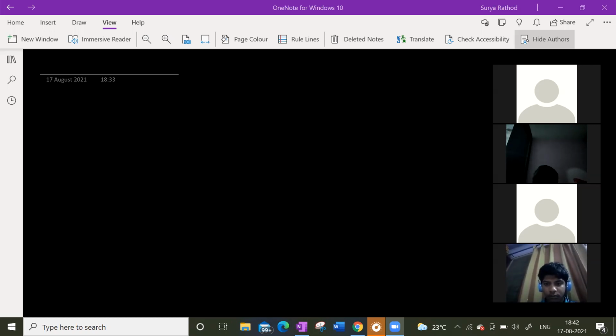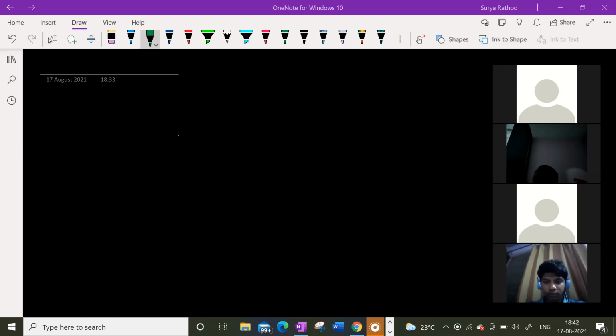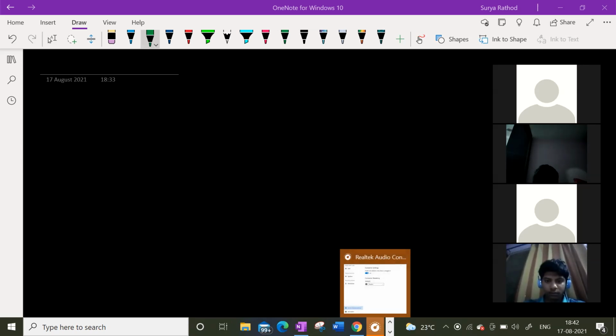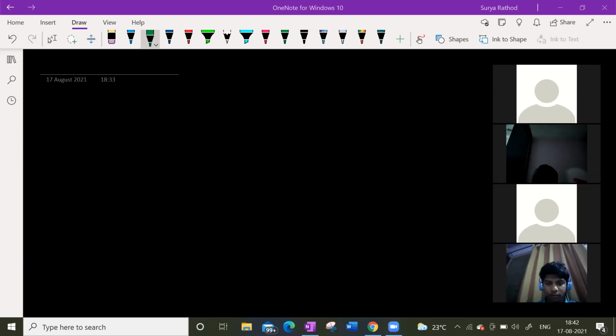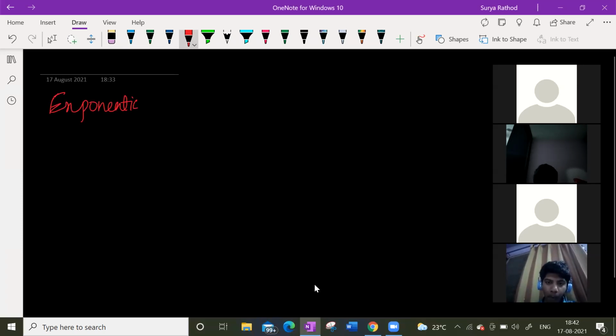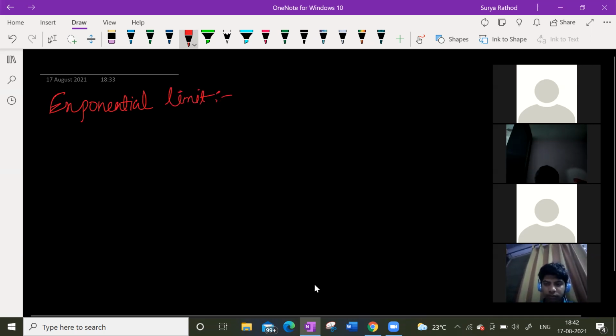Let me give a couple of questions in exponential limits. Basically, tell me what do you mean by exponential? Exponent means power, basically, isn't it?